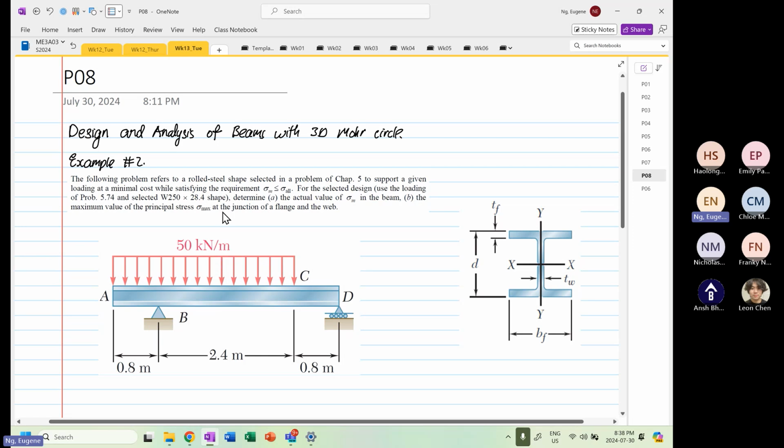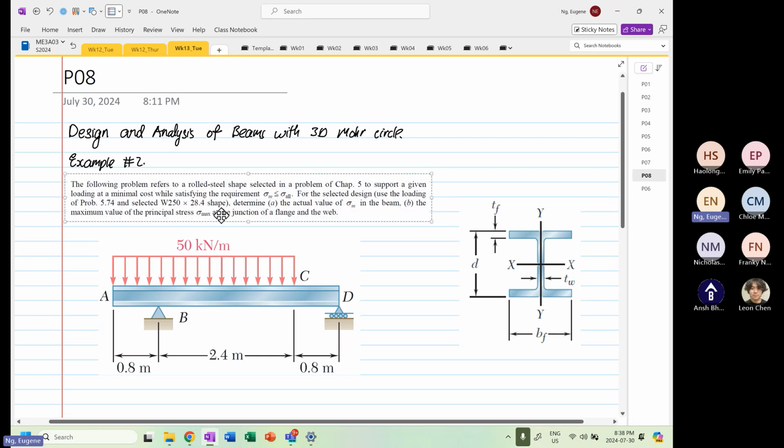We have a rolled steel beam and a given support loading. We have to satisfy the requirement that the maximum stress is less than the allowable.